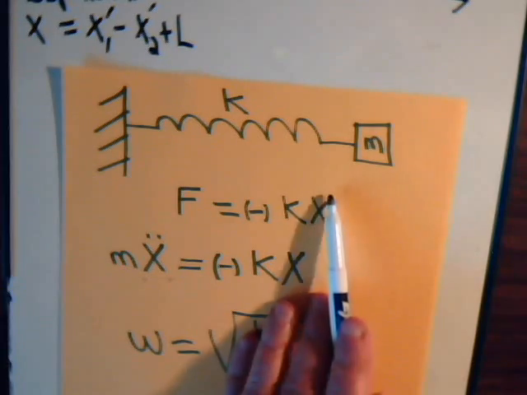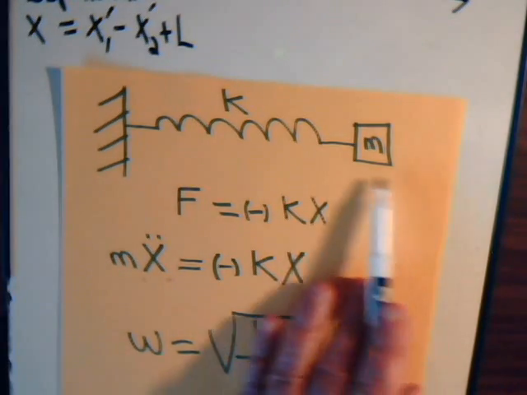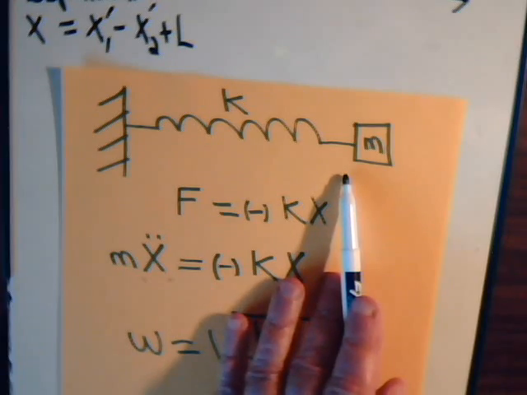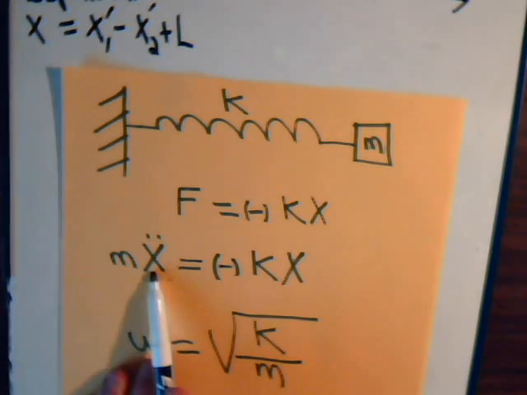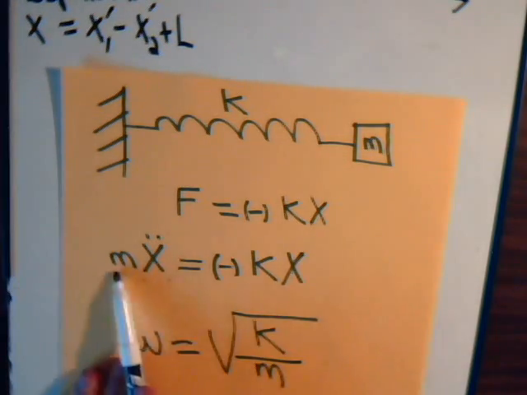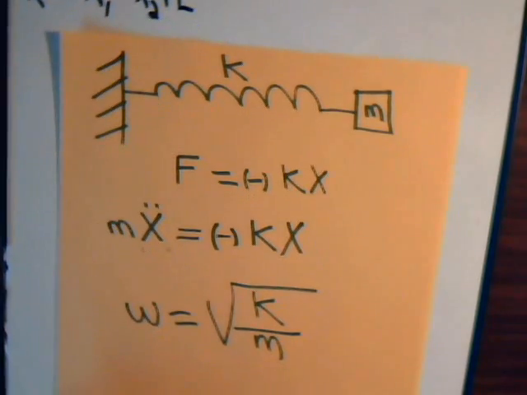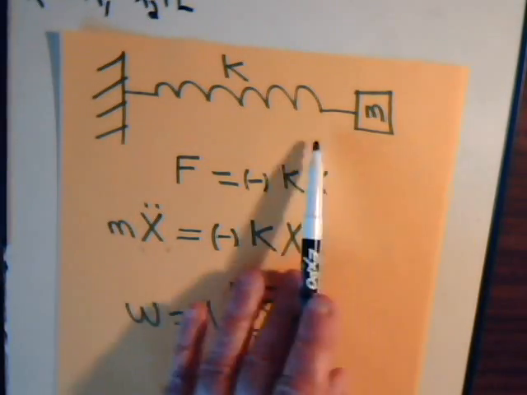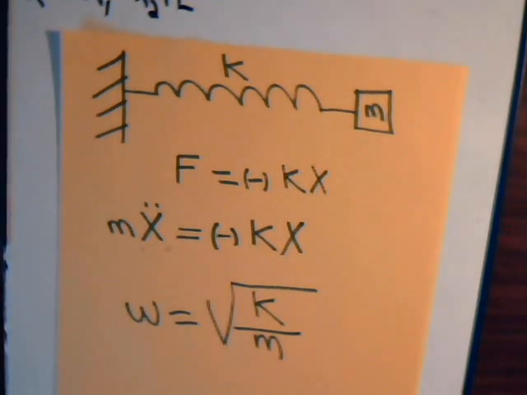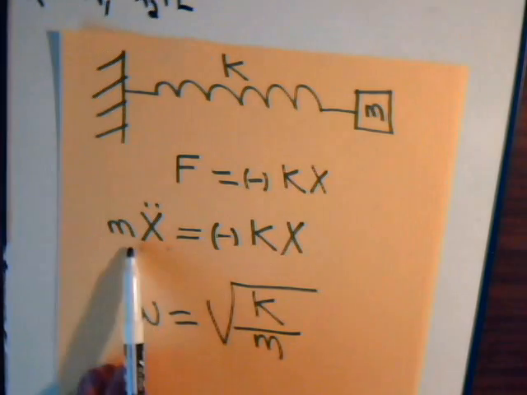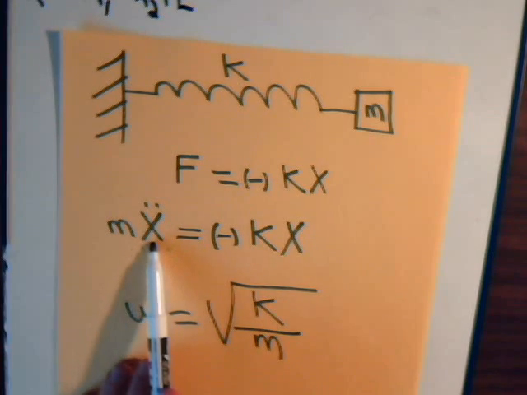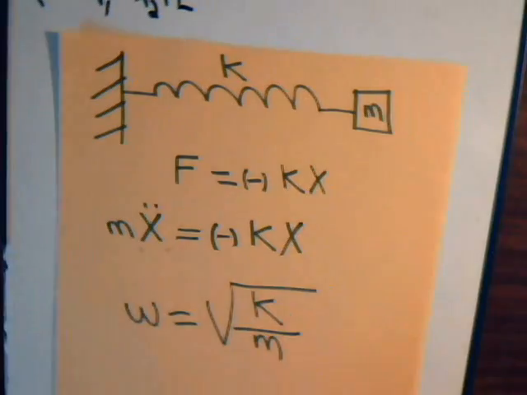So the time derivative of x would be the velocity of the block oscillating back and forth. The second derivative would be the acceleration of the block. And in video 7 we proved that this oscillates back and forth with an oscillation frequency equal to the square root of the spring constant divided by the coefficient of the displacement acceleration.